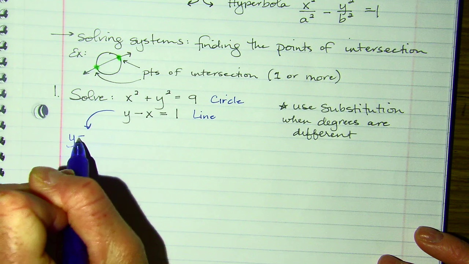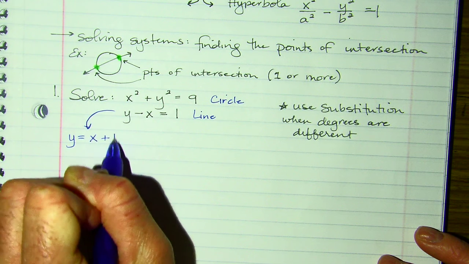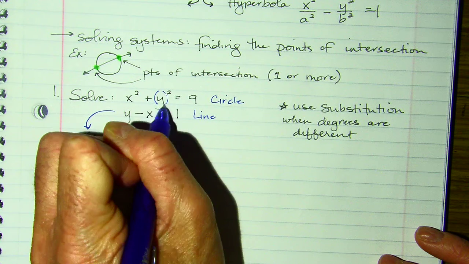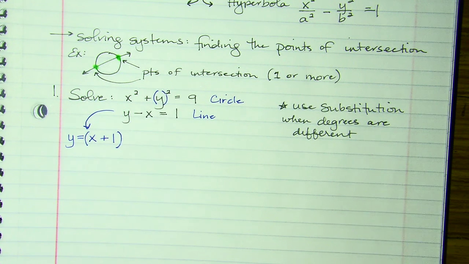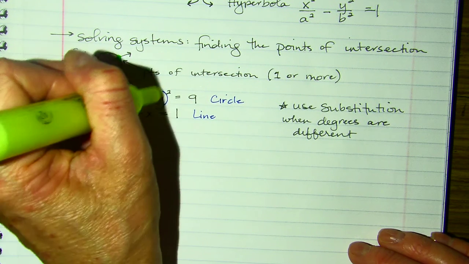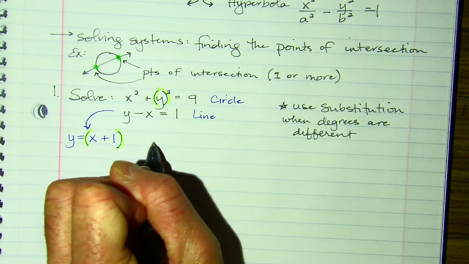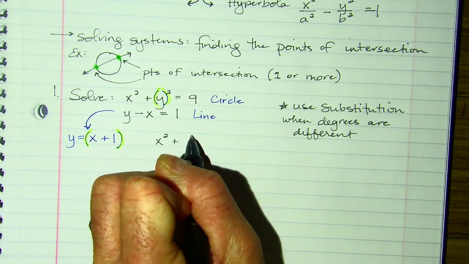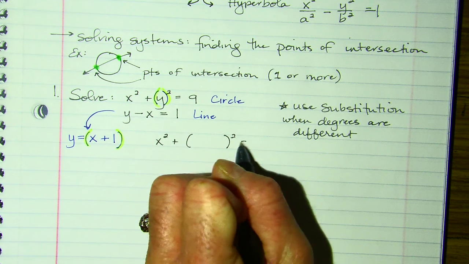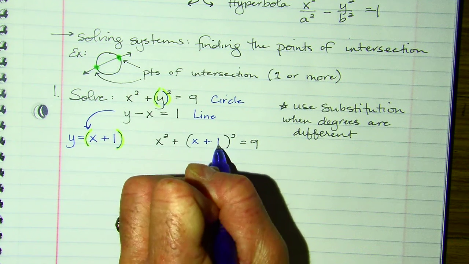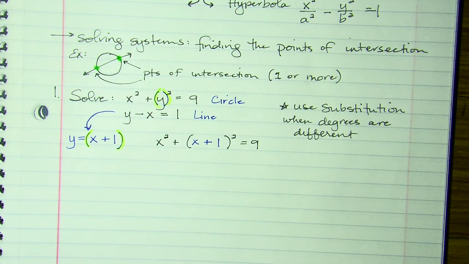So y equals, I'm going to add x to both sides, so y equals x plus 1. And I'm going to substitute that into the function of the circle. So I'm substituting what y equals into here. So that would give me x squared plus y squared equals 9. But we're substituting x plus 1. Okay, so there's what it's going to look like.